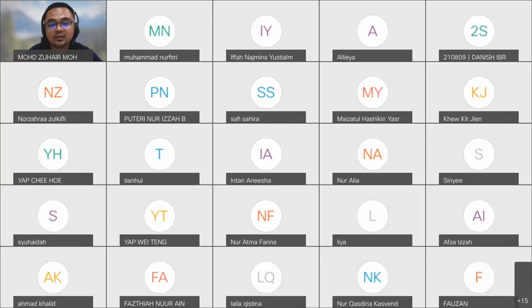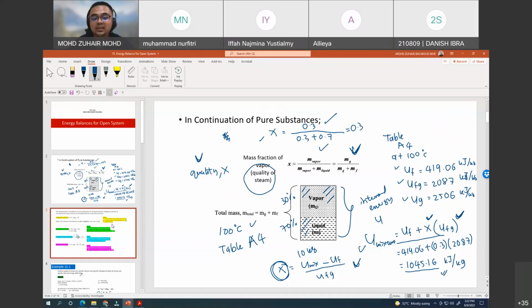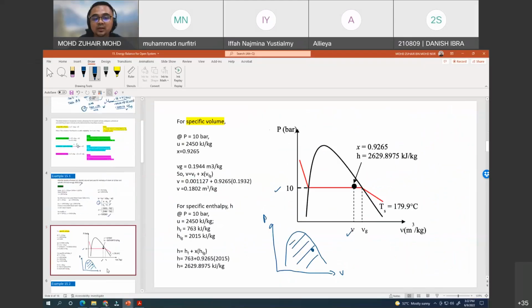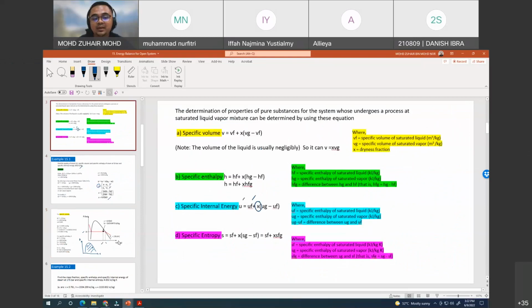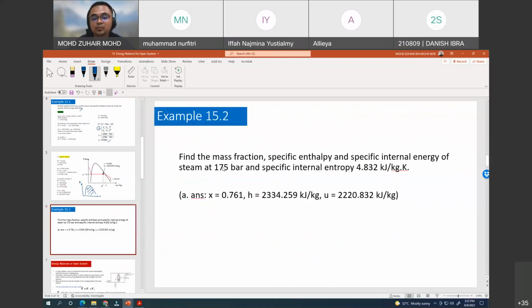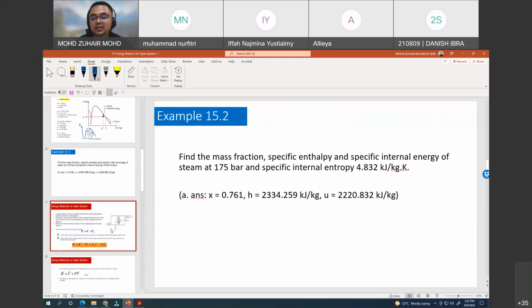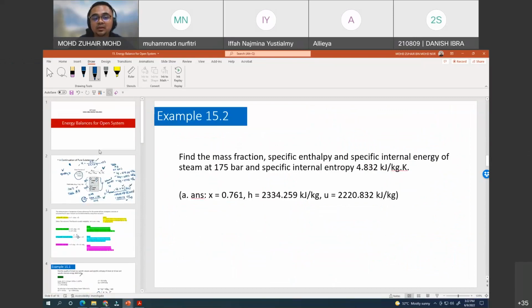Mana tadi? Okay, ni for the open system, the quality will be included in the question up until ni lah. Example 15.2. Okay, starting from here dah tak ada. So please prepare yourself for the test.